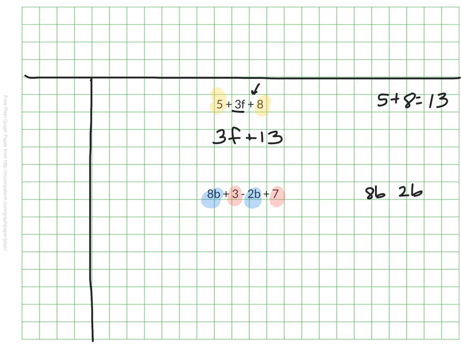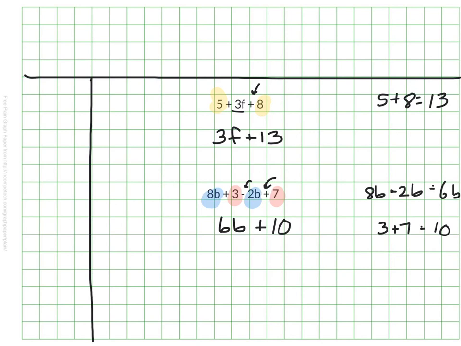And I need to combine them, but notice that the operation in front of the 2b is subtract. So I have to subtract those, which means I'll be left with 6 b's. And then for my constants, I have a 3 and a 7. And in this case, I'm going to be adding them because that's the operation I see. So that means it's going to be 6b plus 10.